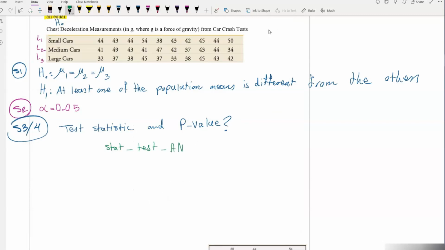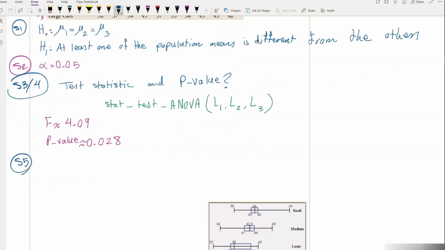And we used Anova, entered L1, L2, L3. So our answer for F is 4.09, and for P value is 0.028.